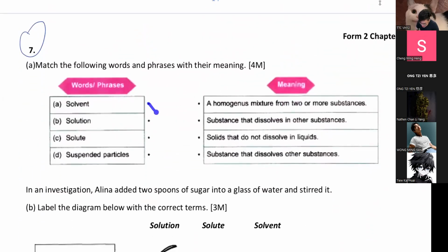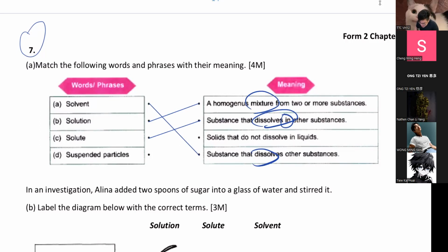Solvent is a substance that dissolves other substances. I dissolve someone else, I'm the liquid. Solvent. Solution is a mixture. Solute is a substance that dissolves in. Can you see the "in"? When I jump into the water, I'm the salt.